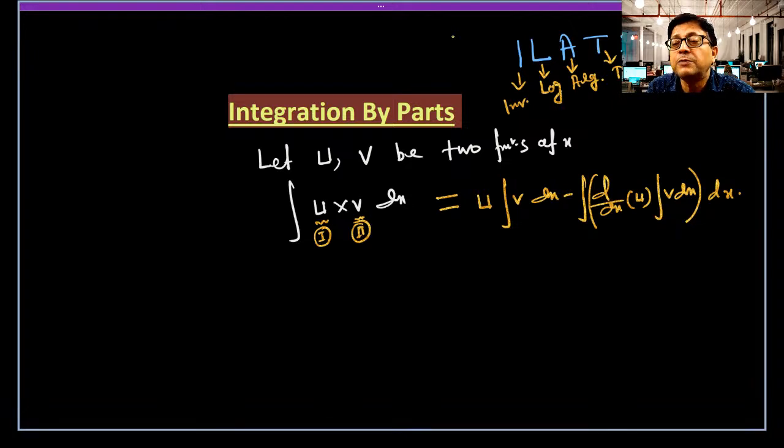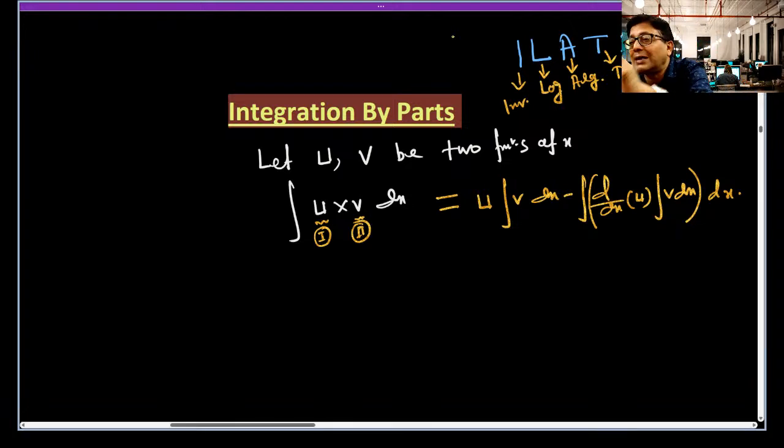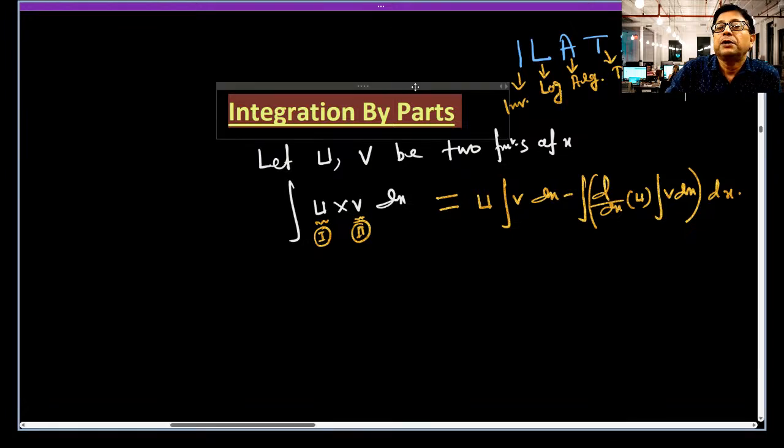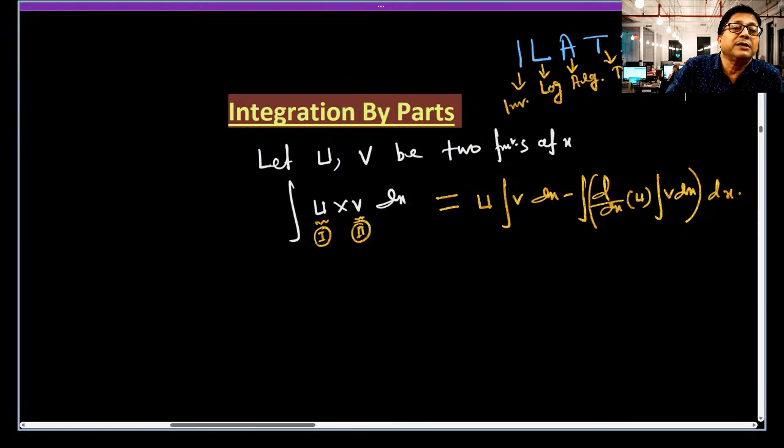If out of these five functions a product of two is given, take the one that comes first as the first function and the other as the second function. If you find the second function not given, the second function can be taken as 1. Okay, clear?